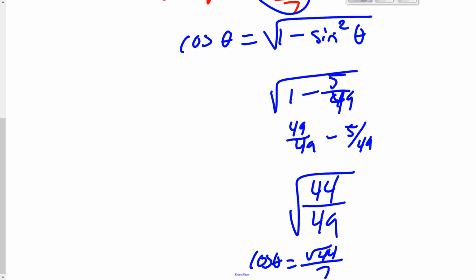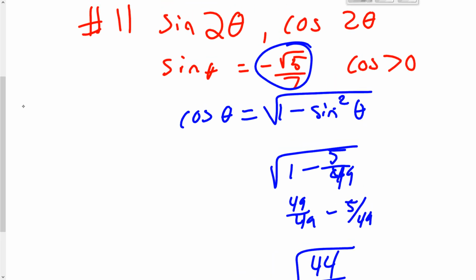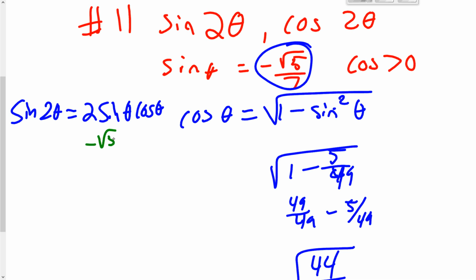So now we can go ahead and find sine of the double angle, sine of 2 times theta, which is 2 sine of theta cosine of theta, because now we both have sine, which is -5/7, and now we have cosine, which is √44/7.